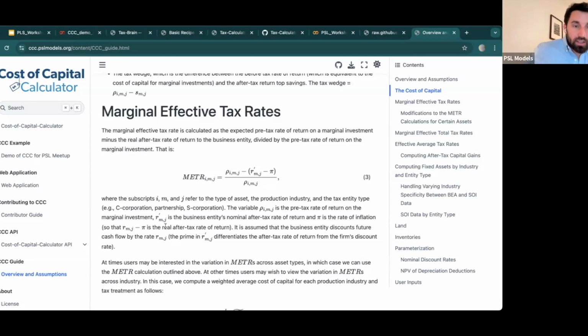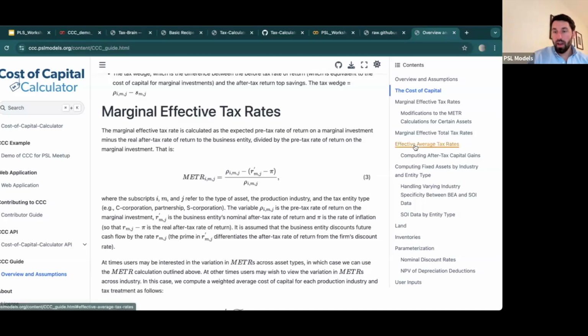So all these complexities of the business tax system, from depreciation deductions to investment tax credits and other incentives for investment, are all captured and summarized through this marginal effective tax rate measure provided by cost of capital calculator.